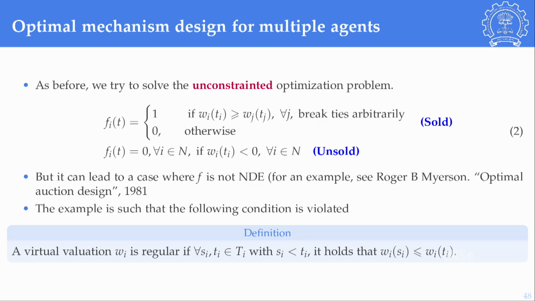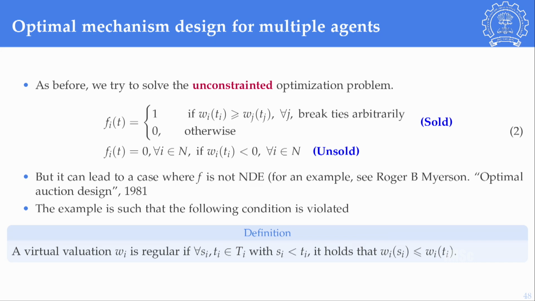So, the payment that you will make under this mechanism, just like any auction where there is more than one agent, will be dependent not only on your type, but also on what the types of the others are. If their valuations are very high and therefore their virtual valuation is also high, you will not win the object.